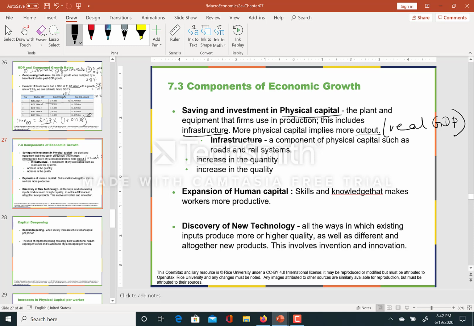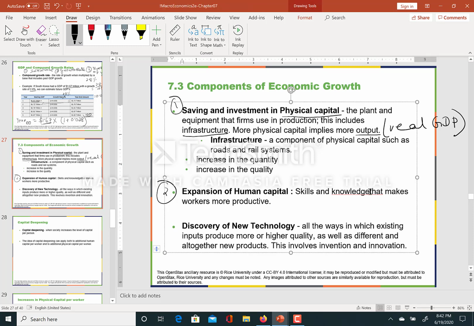The second component of economic growth is expansion of human capital. Example of that, we have skills, education, we have all kinds of knowledge. Also, we can just add some in-job training here.